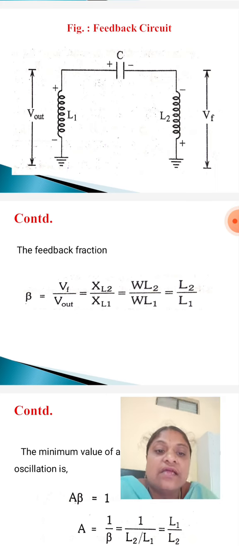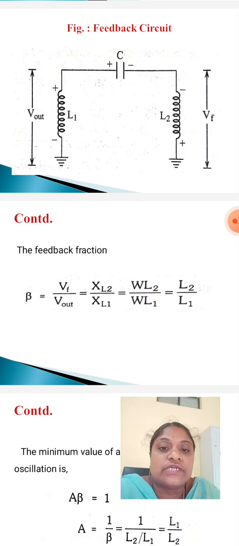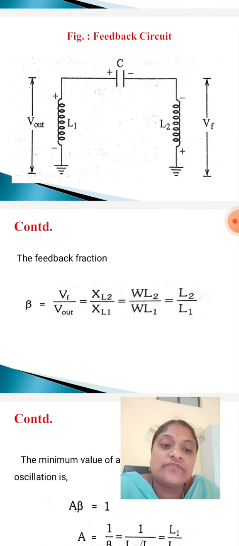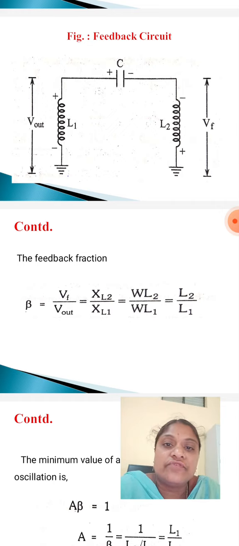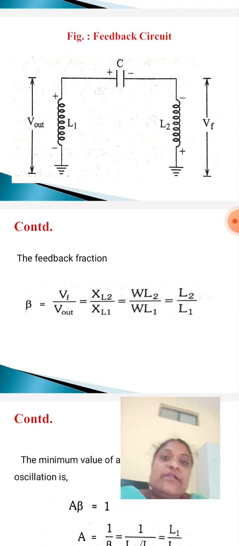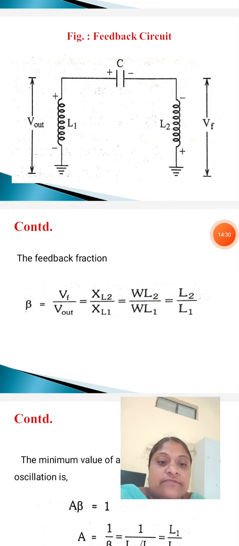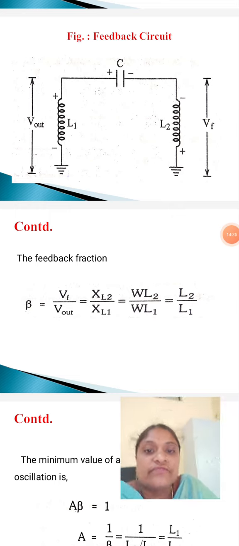Here, see this feedback circuit. The output voltage is nothing but VF and the input voltage is nothing but V out. Substitute the output voltage VF and the input voltage V out in the feedback fraction equation. Therefore, beta is equal to VF by V out.